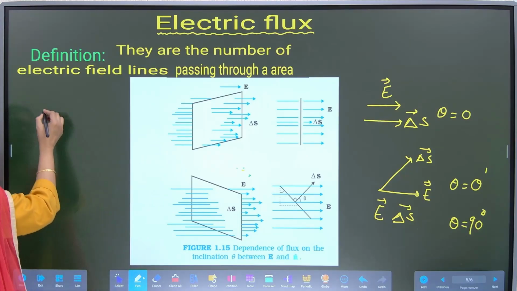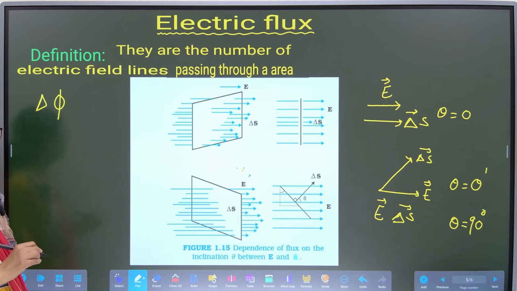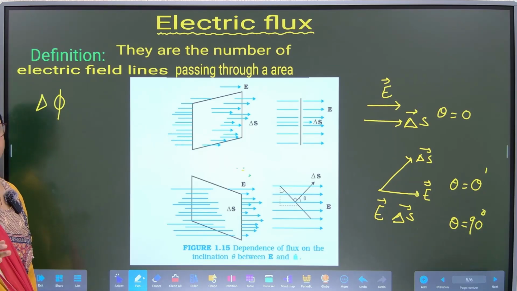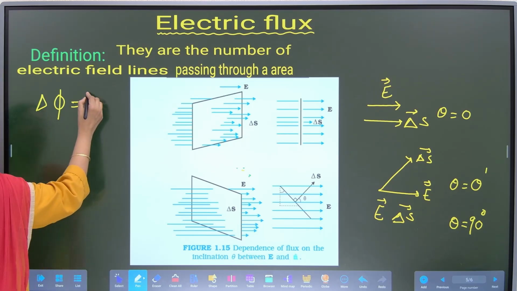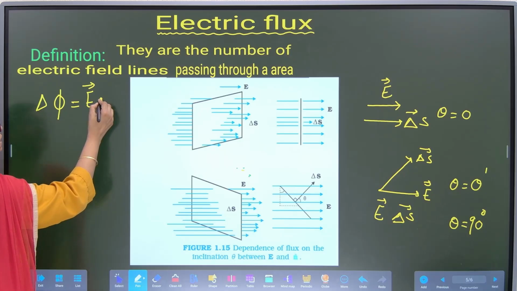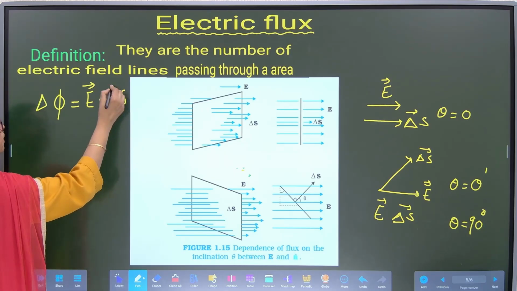Okay, so now we write the formula of the electric flux for this area element as delta phi, which is the flux for only this much portion delta S, is equal to E vector dot delta S vector. It is a scalar product, that's why I have written dot.